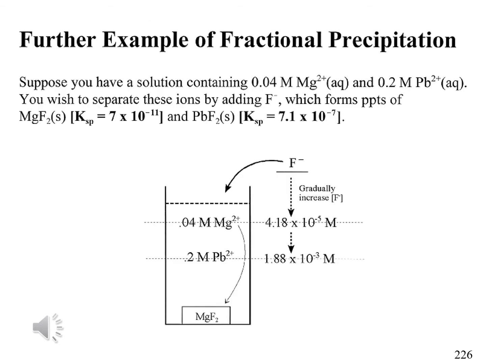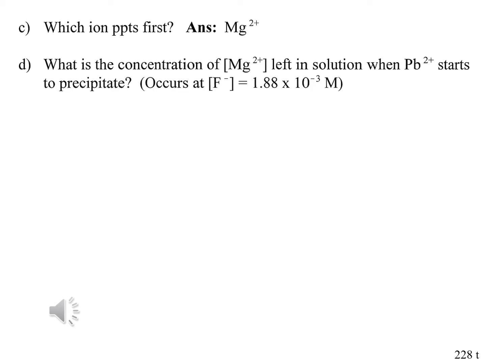Now we want to find out how much magnesium is left in solution when lead starts to precipitate. Of course, magnesium precipitates first because magnesium fluoride has a smaller Ksp.